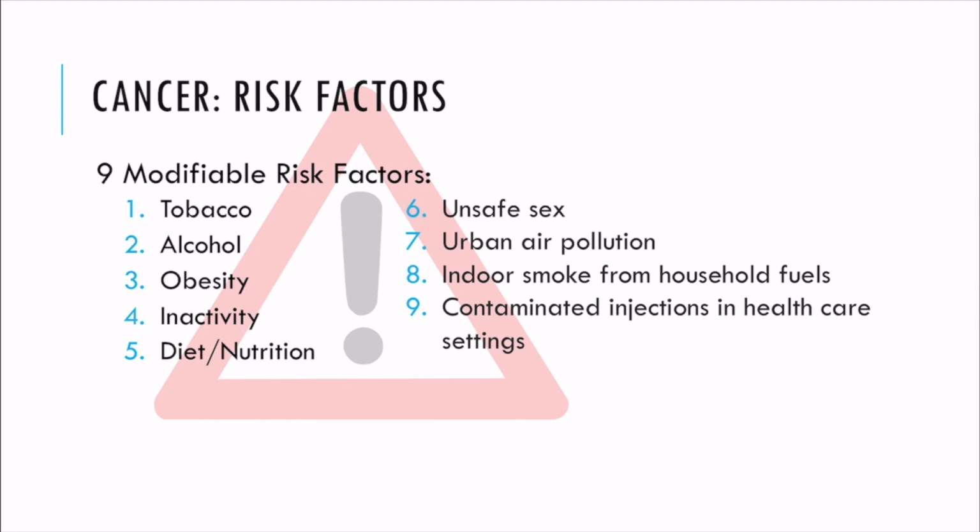Unsafe sex practices, the data would suggest that the earlier someone starts participating in sexual activity and the number of partners that they have over their life would increase their risk. So it's important to practice safe sex patterns. Living in poor air quality: indoor smoke from household fuels is on here. This doesn't happen that much in our country, but in other countries where they're burning things within the home for fuel, that's a problem. And then contaminated injections.